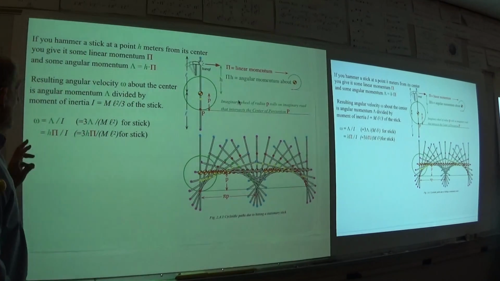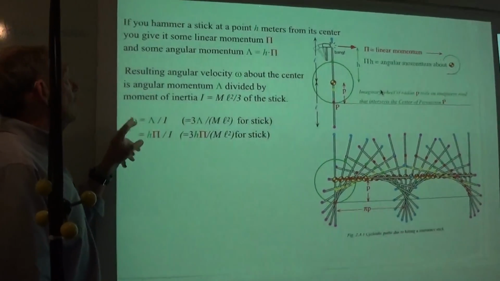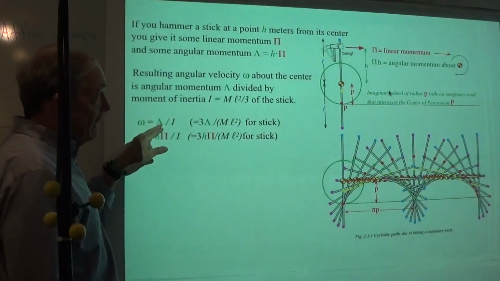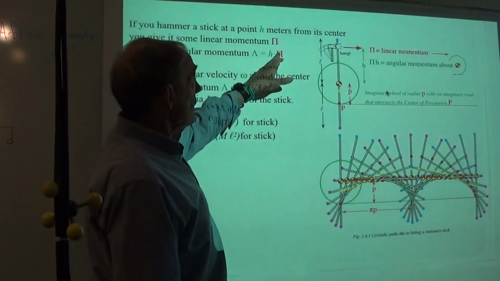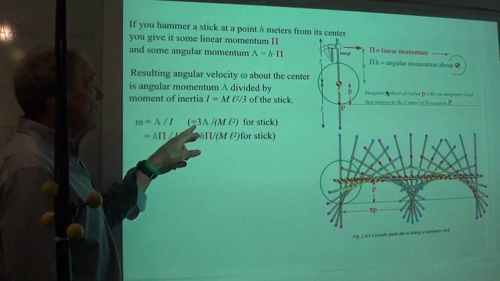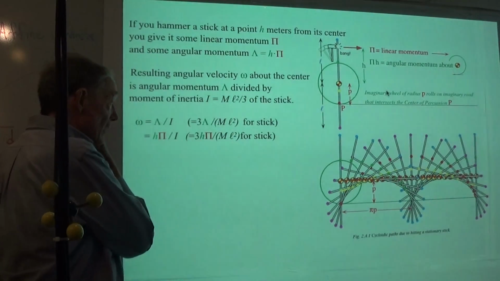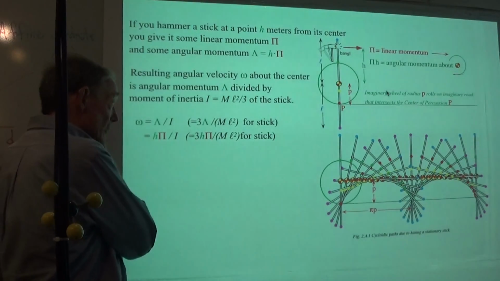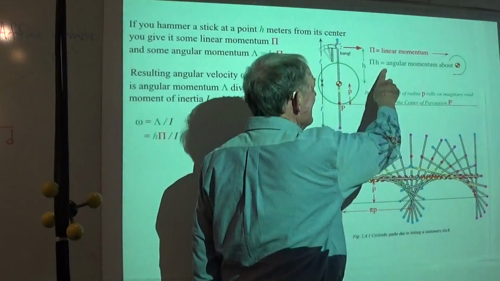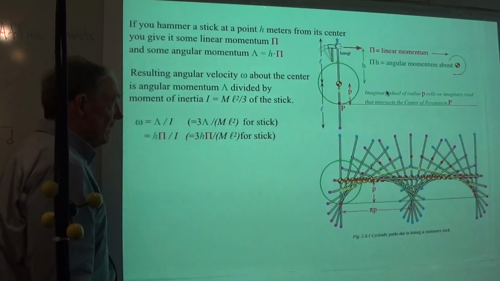Now, here I'm just saying, okay, the angular velocity, omega, is the angular momentum, h times the linear momentum, divided by this inertia that we've just calculated for a stick. That's what you would get for the angular velocity. And this is after all h, it's not Planck's constant, this is height, okay, but h times p over I is what we're really talking about here.